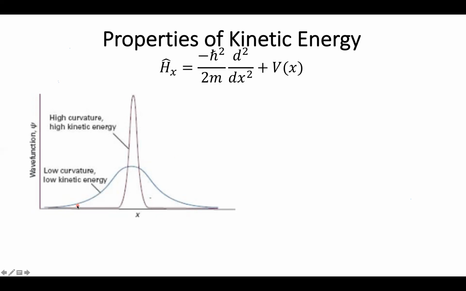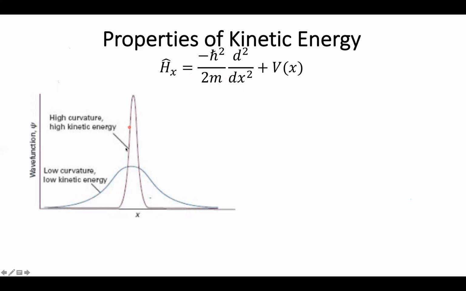Well, this is generally going to give me a fairly small second derivative as the slope isn't actually changing that much at any given point. And since this second derivative is fairly low, this also means that my kinetic energy is fairly low. There's not a lot going on there.